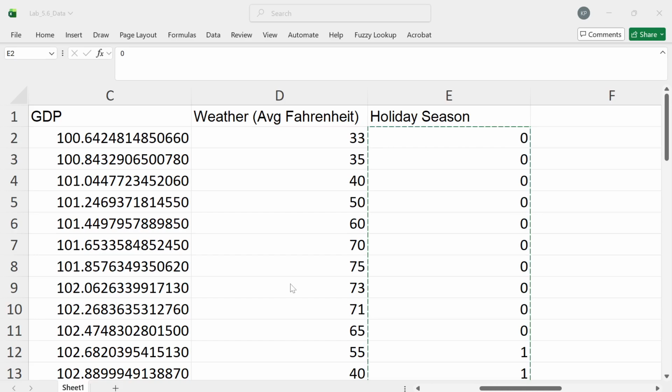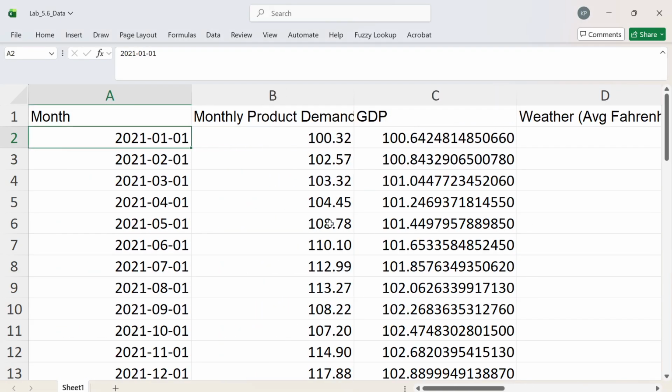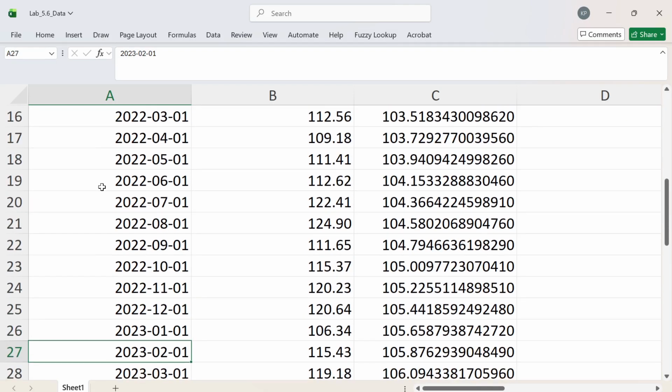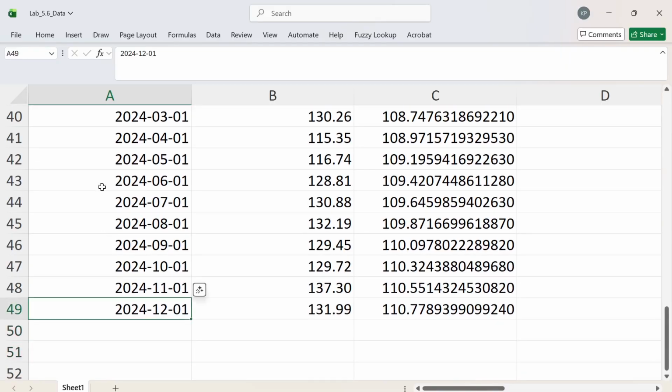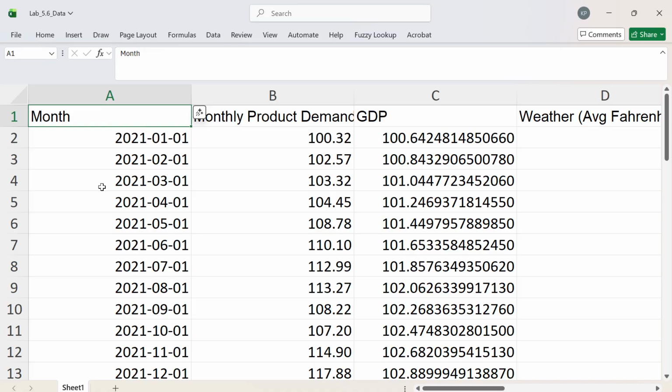We want to find a multiple linear regression, and we have the monthly demand from the 1st of January 2021 to this. Is it clear?